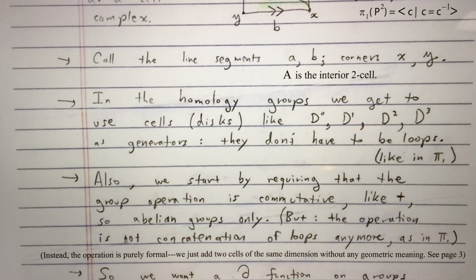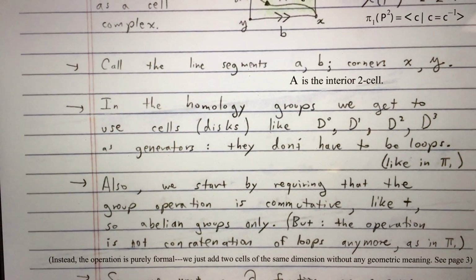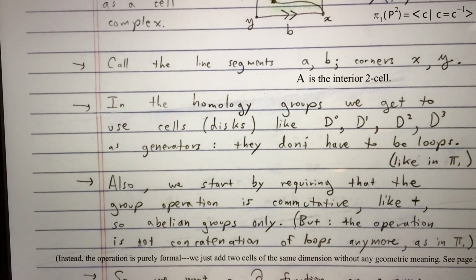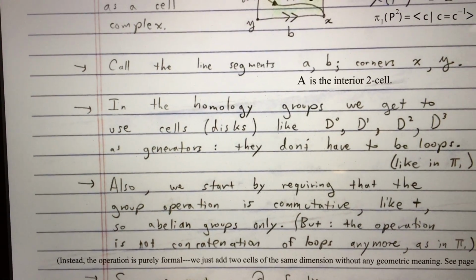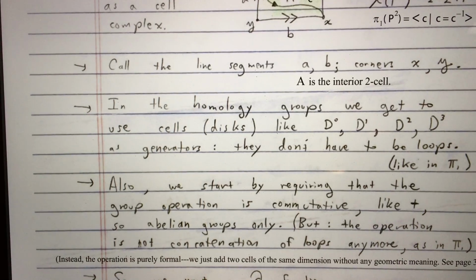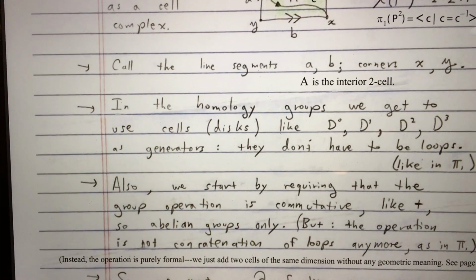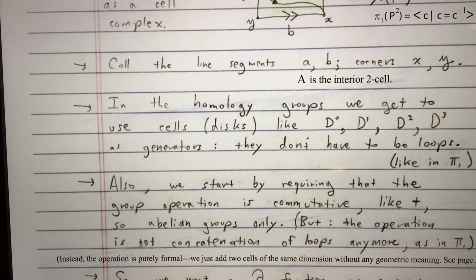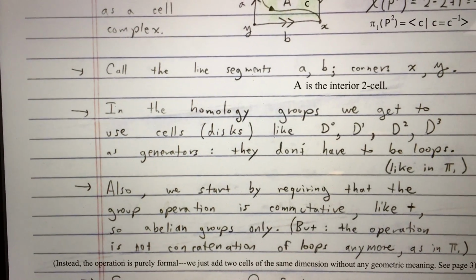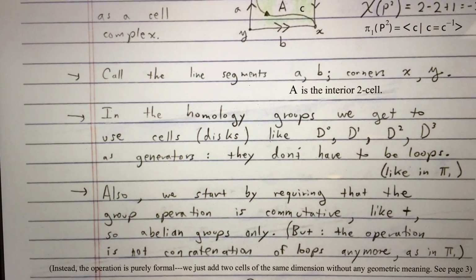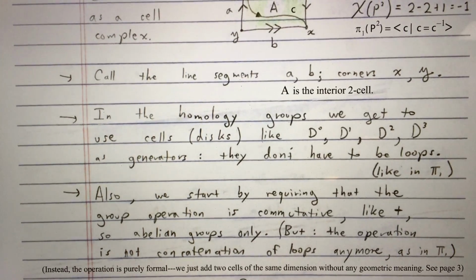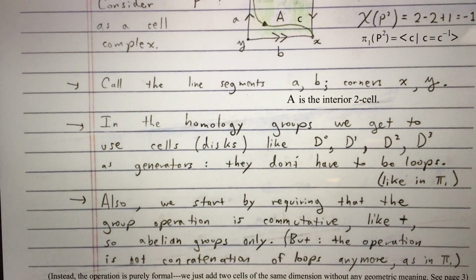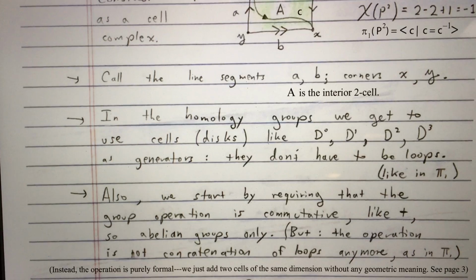Another difference from Pi 1 is that we're going to start by requiring that the group operation is commutative, like addition. So all the groups are going to be abelian. They're forced to be abelian groups. But the operation then is not going to be concatenation of loops anymore as it was for the Pi 1.